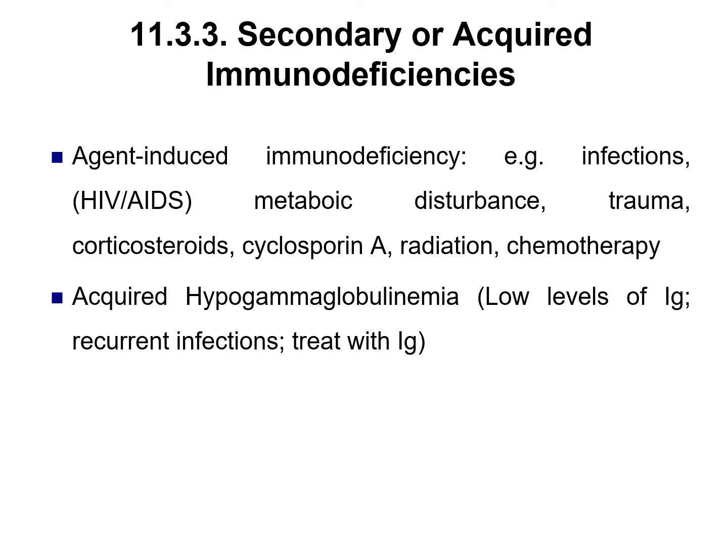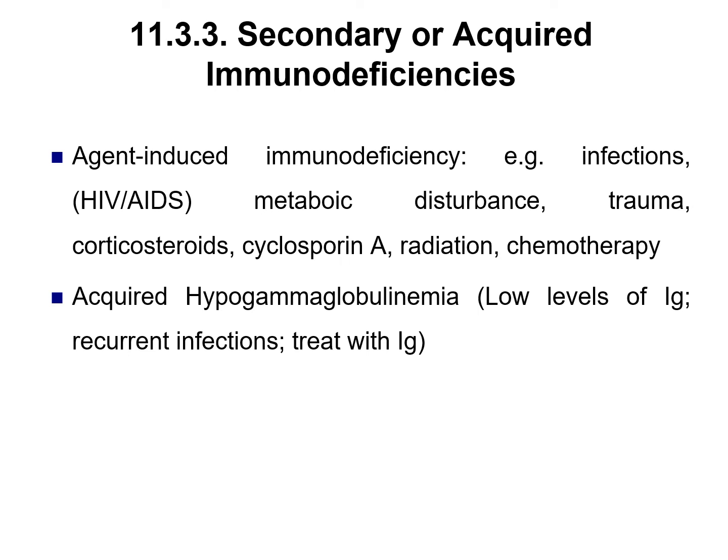Cyclosporin A, radiation, chemotherapy. So that's why people who are undergoing chemotherapy, cancer patients, their immune system is also compromised. So that is secondary or acquired immunodeficiency.